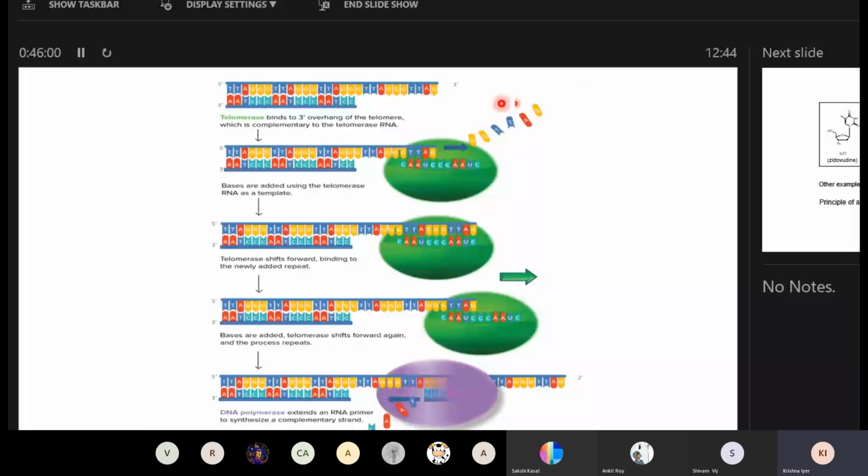Once this strand is made fairly big, then my primase enzyme can actually come, add a primer somewhere here, and then my polymerase can come and add my DNA all the way up to this point. Okay. Now, by doing this, what has happened is essentially my original DNA has been completely replicated.